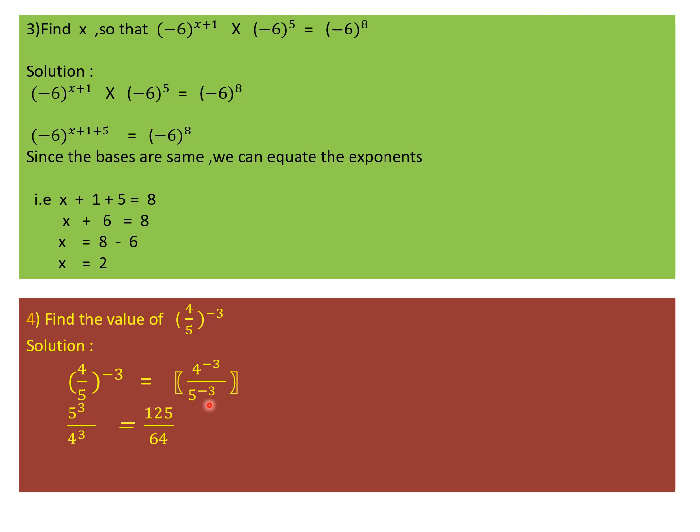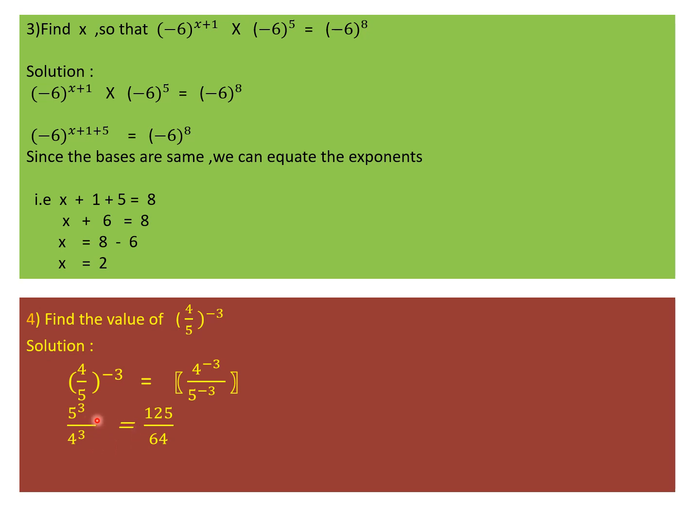You can work out and see, Kanna, that is, express 4 power minus 3 as 1 by 4 power 3, and 5 power minus 3 you can write as 5 power 3 in the numerator. So we are getting 5 power 3 by 4 power 3.